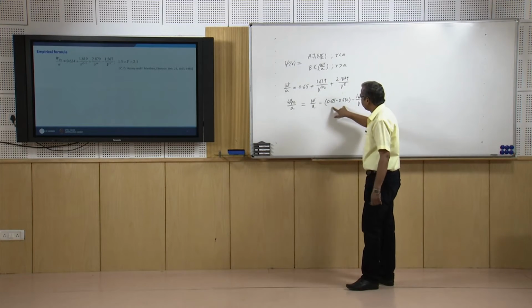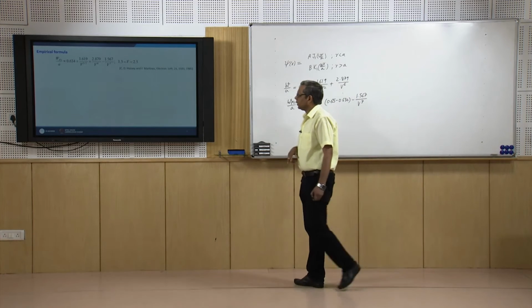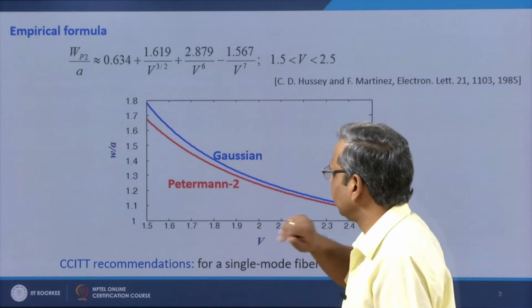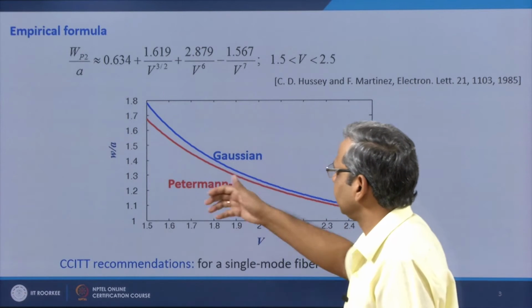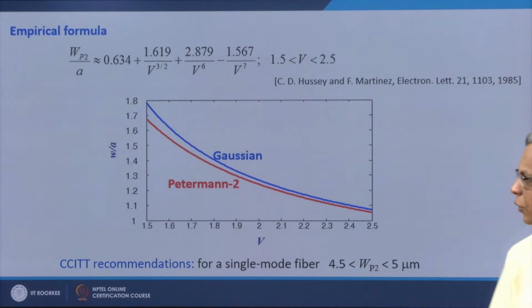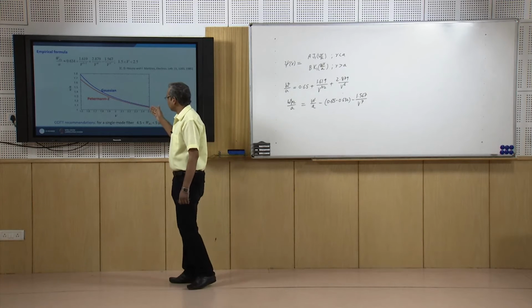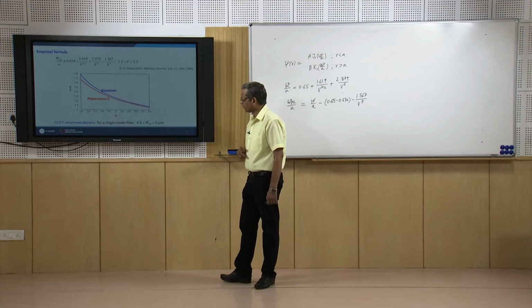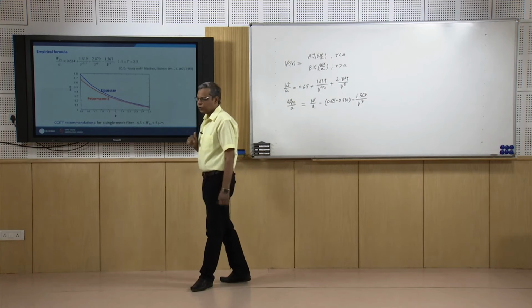However, this much difference would always be there. Now I compare the Gaussian spot size and Petermann 2 spot size, and I can immediately see that the difference is large at smaller values of V and it shrinks when I go towards higher values of V.